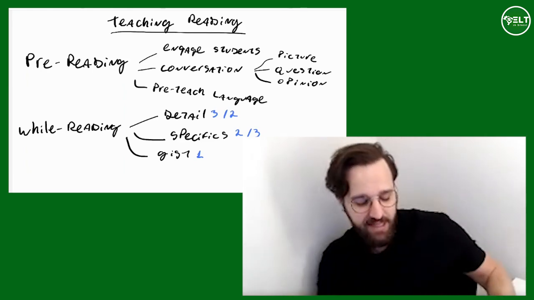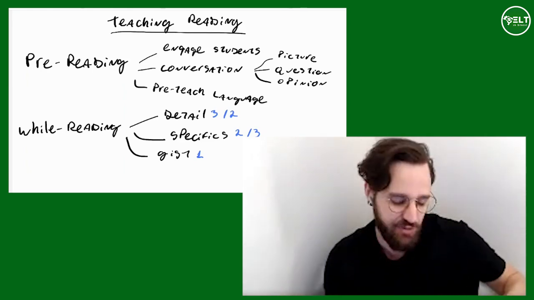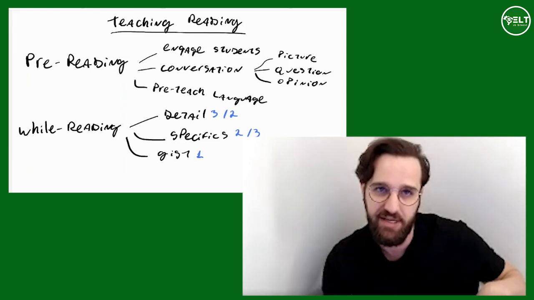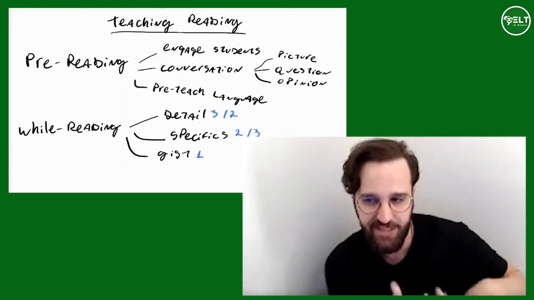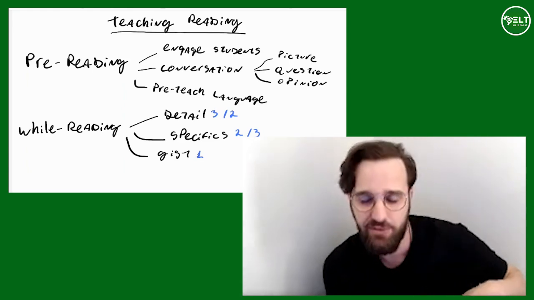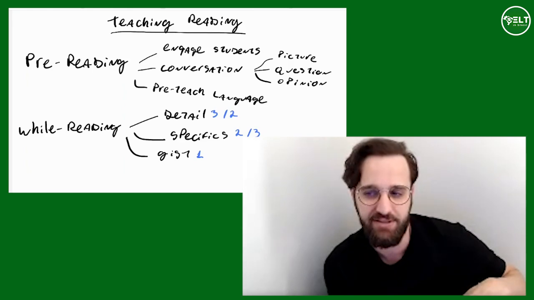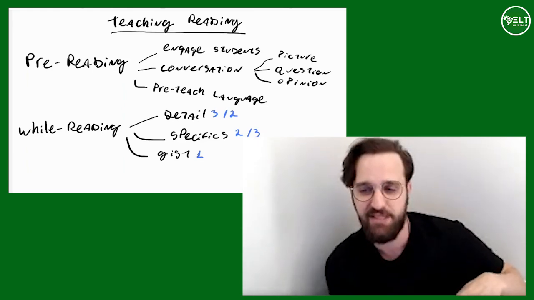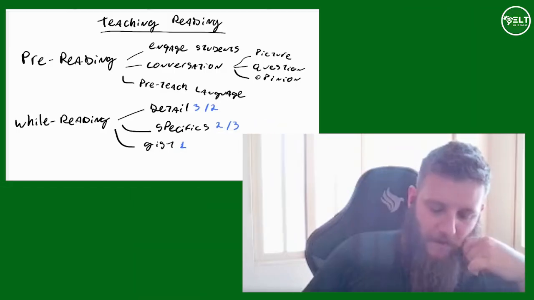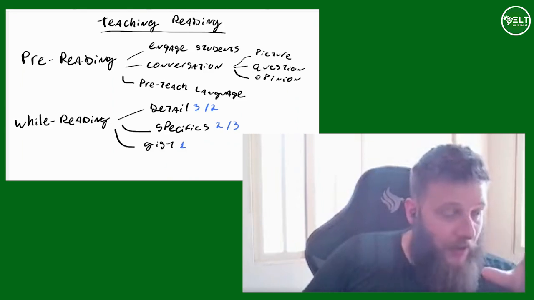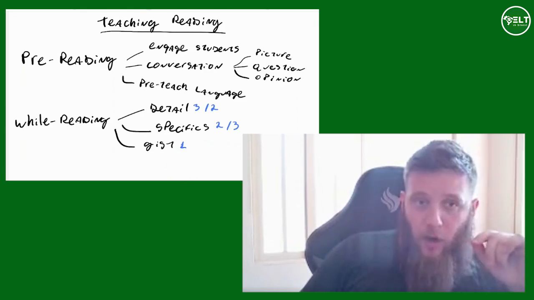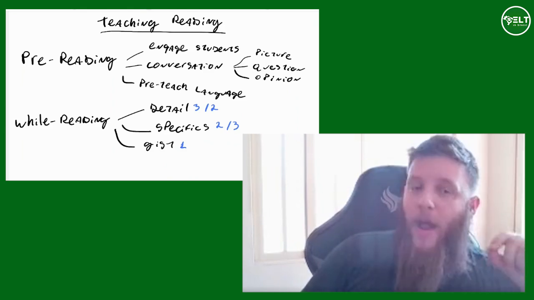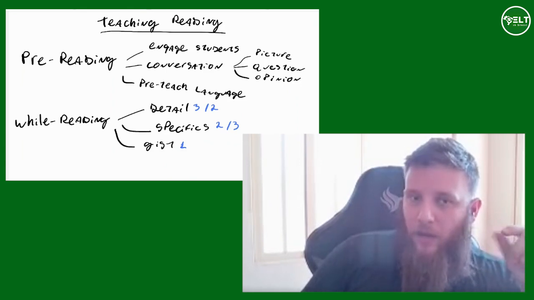Now, if you get the same true or false exercise and you change it into a sentence that takes a little bit more interpretation, or you ask students to correct the false sentences, then that's not specifics, that becomes details. And then in the next video, we're going to discuss why you should care about this difference, right?